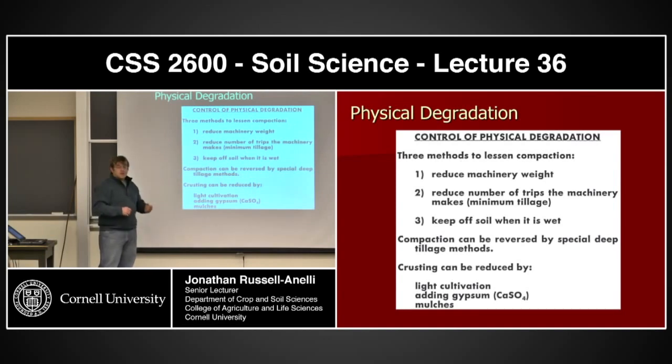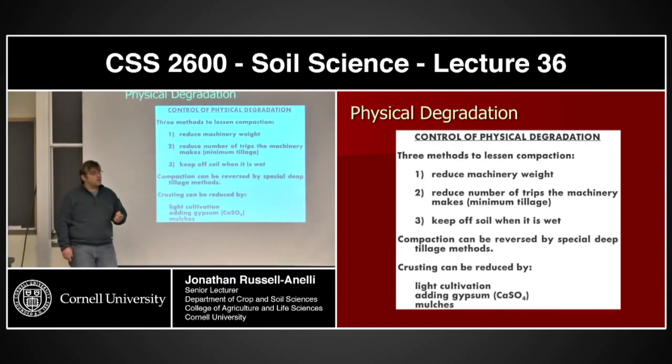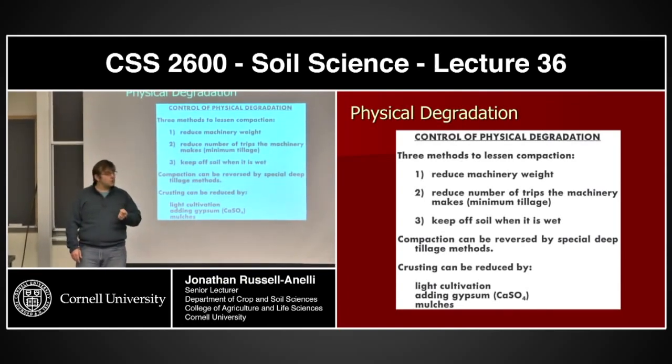So let's think about compaction. I put less mechanical weight on top. Okay, get the machines off the top. Okay, I reduce the number of traveling trips across, whether it's a machine or it's a person or anything like that. The classic example here is the desire lines that are out in the ag quad. Okay, and also I keep off the soil when it's wet. Why would I want to keep off the soil when it's wet?